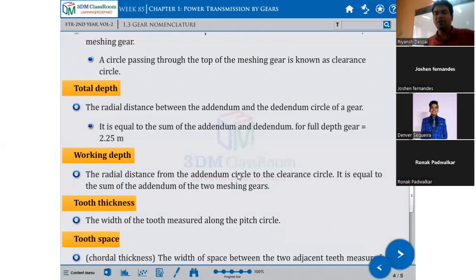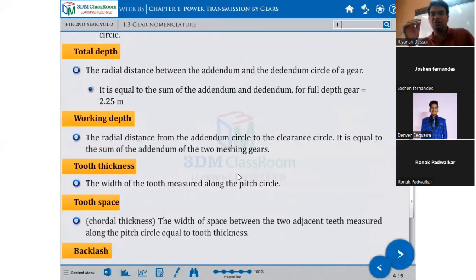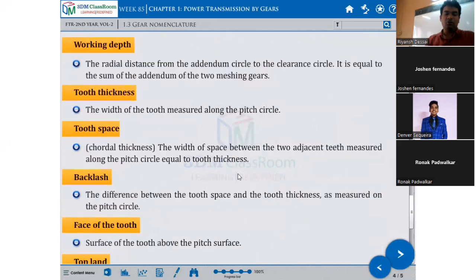For a full depth gear, that is 2.25 m. This you can calculate easily. Working depth is the radial distance from the addendum circle to the clearance circle, equal to the sum of the addendums of the two mating gears. Now thickness.